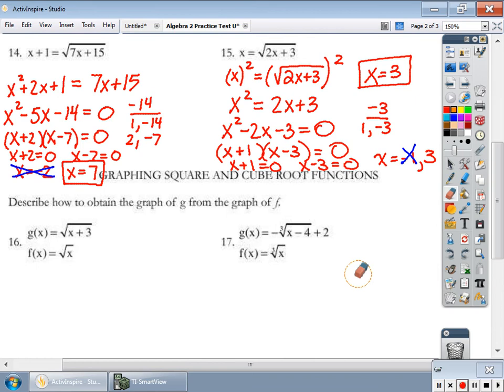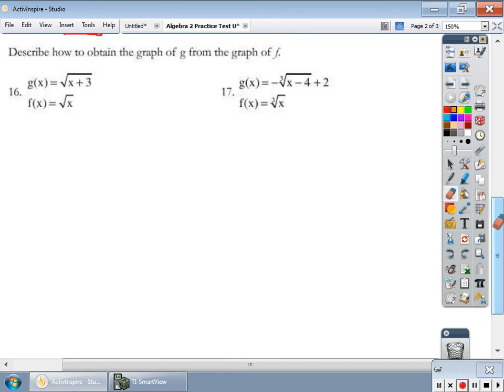All right. So our last one on this page, describe how to obtain the graph of g from the graph of f. These are your shifts, okay? So some rules that you have to remember, and I'll write them down here. Remember, if you add inside, that is a shift to the left.